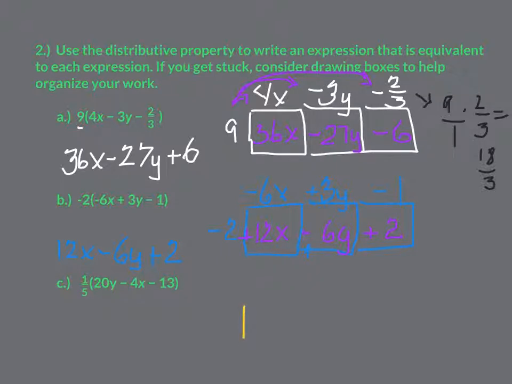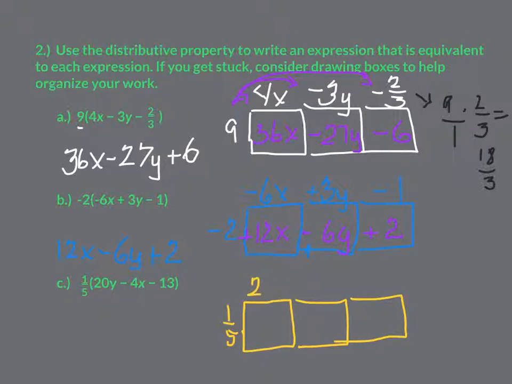Well, that's not going to be big enough. Okay, so on the outside I've got 1/5. On top of each term I've got 20y, minus 4x or negative 4x, and then minus or negative 13.